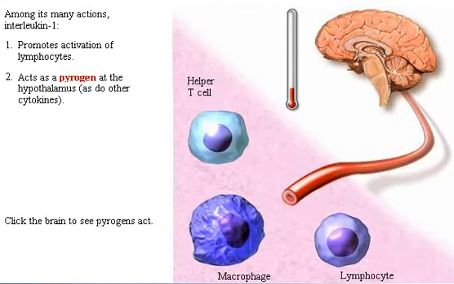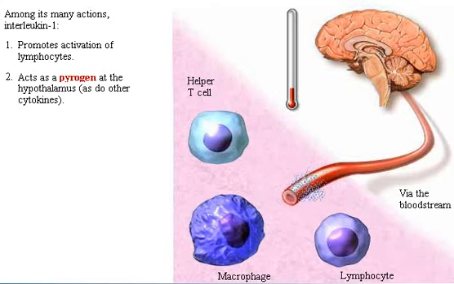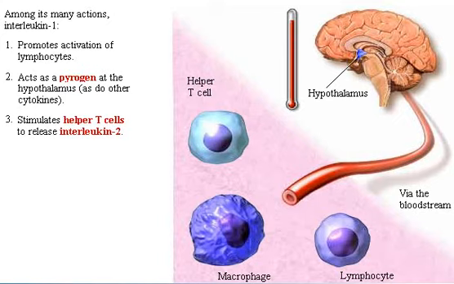Click the brain to see pyrogens act. Third, it stimulates certain T cells, called helper T cells, to release interleukin-2. Click the helper T cell to release interleukin-2.